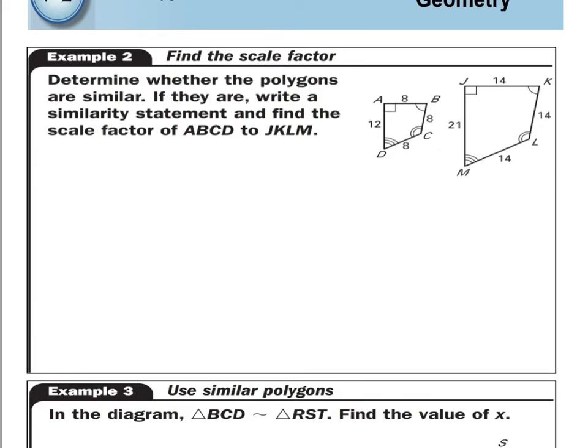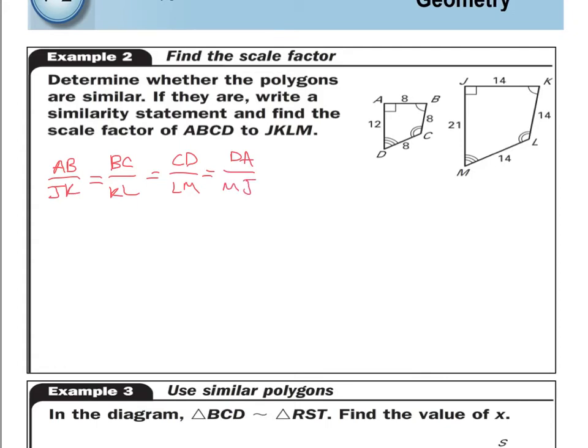We're halfway done. Second thing we need to know is our statement of proportionality. Will our scale factor be exactly the same? So we've got AB over JK equal to BC over KL, which is equal to CD over LM, which is then equal to DA over MJ.